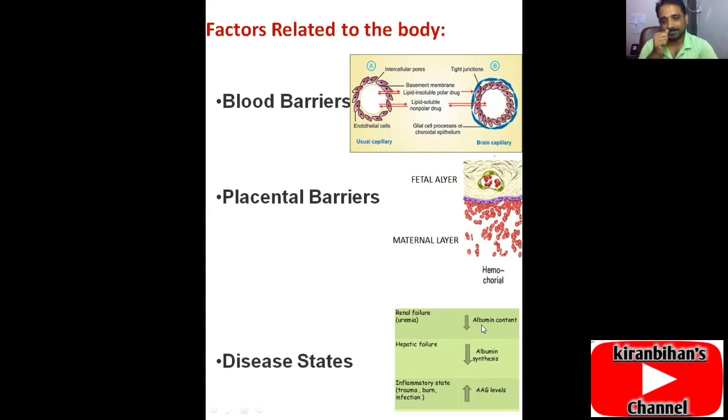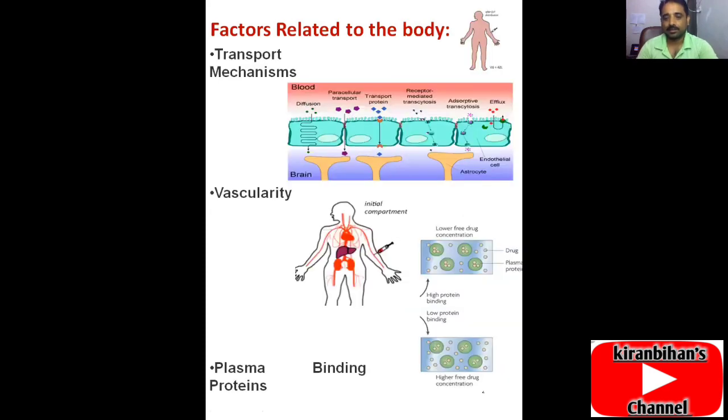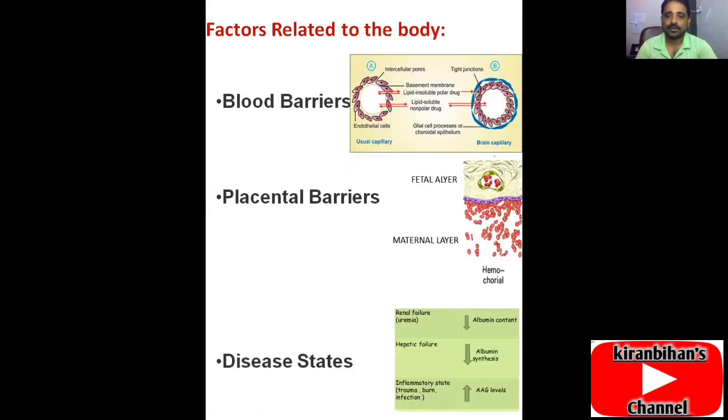If the albumin is less, then the acidic drugs' distribution will be less, and in inflammatory conditions, if the AAG level is high, then the basic drug will be affected by the AAG level.